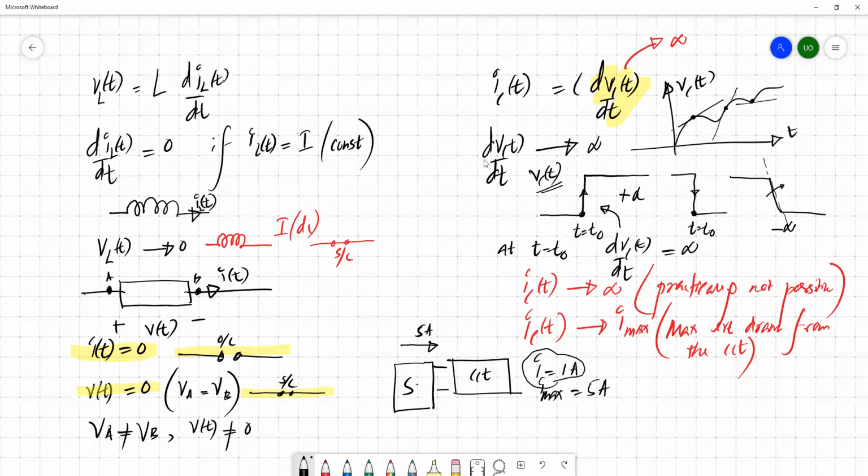So what happens if the source delivers 5 amperes, but the rest of the circuit can only manage up to 1 ampere? Then this circuit is burned out.